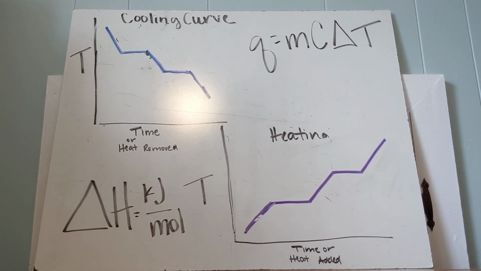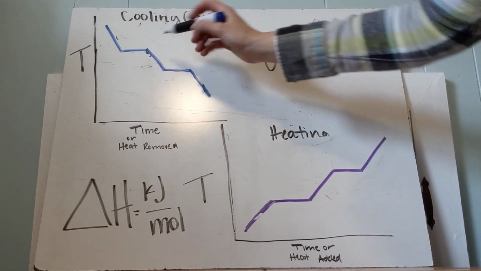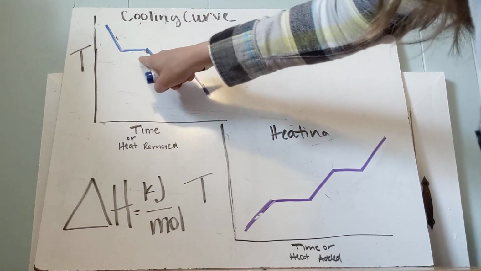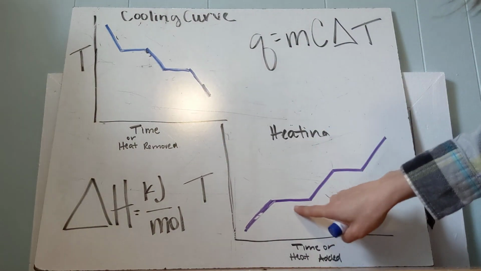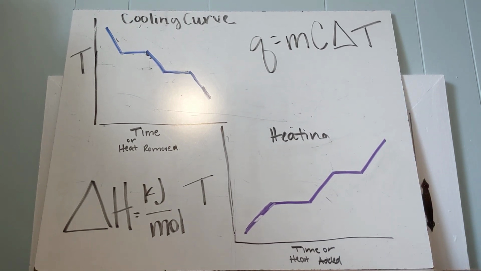However, you need to know where delta H is located. Delta H is going to be on these straight lines right here. And that's why we were just talking about melting and vaporization, freezing and condensation.